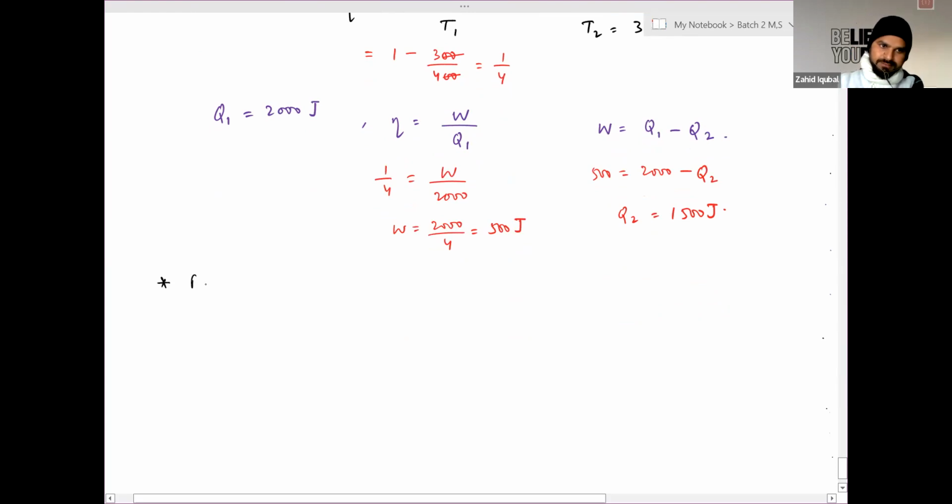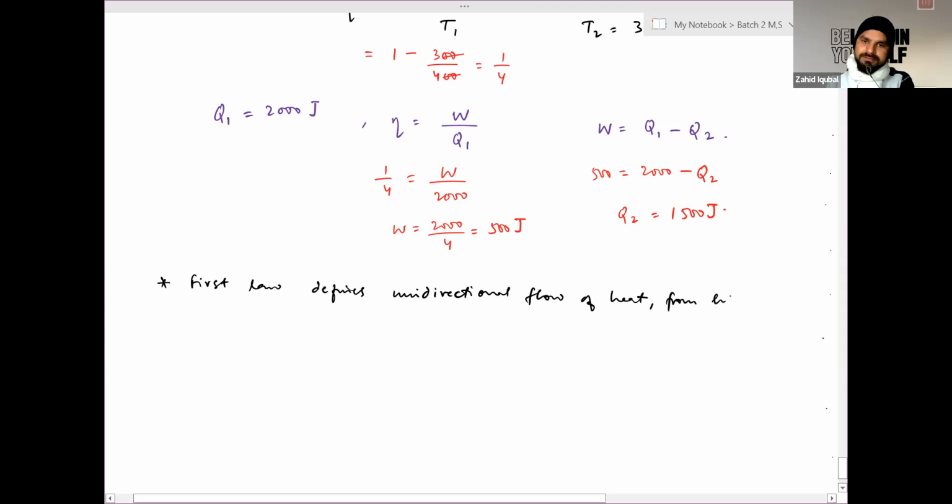So you'll say first law defines unidirectional flow of heat, that is from higher temperature body to lower temperature body, and reverse is not possible.